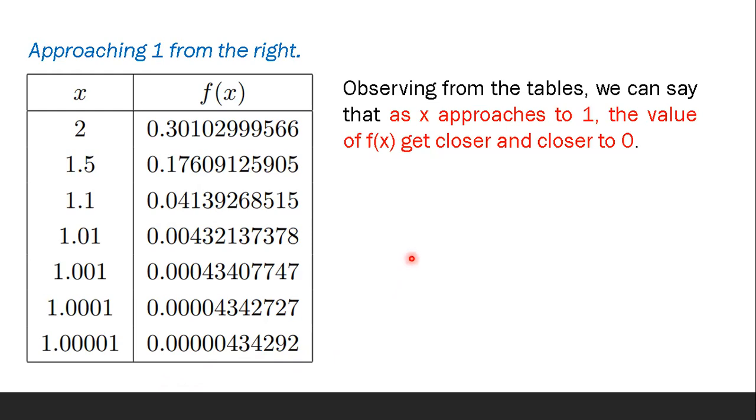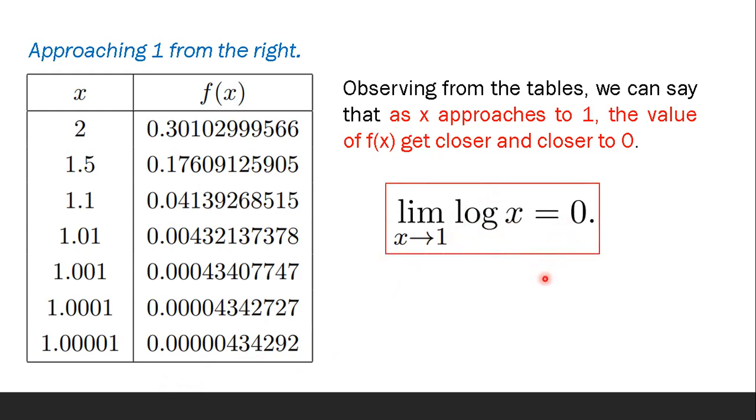The limit of the function exists. And this is how we write it. The limit of the logarithm of x as x approaches 1 is equal to 0. And we should box our final answer.